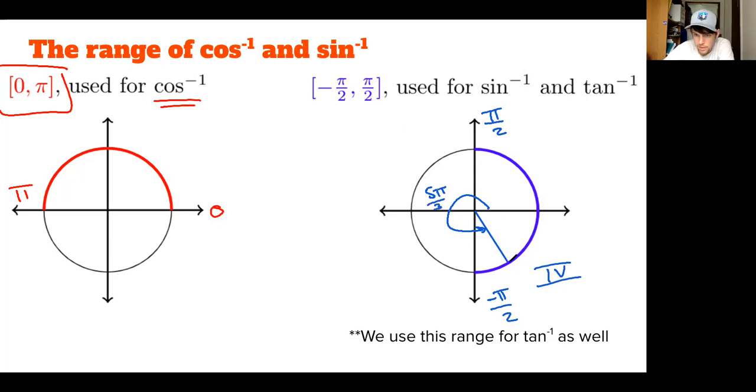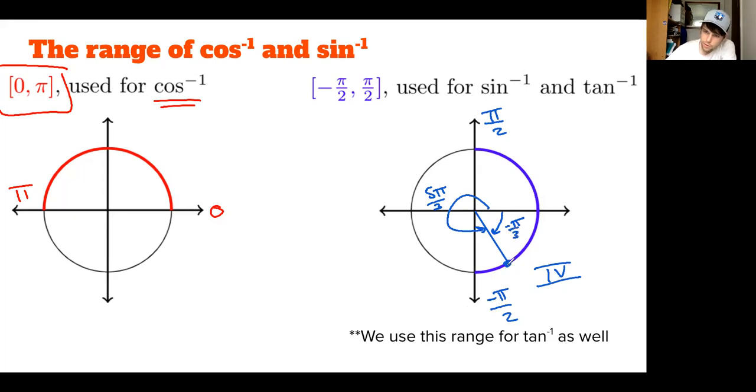I think that's what the angle would be here. Well, we say no, we don't get 5 pi over 3 because that's not falling in this range between negative pi over 2 and positive pi over 2. That's a much bigger angle than pi over 2. That doesn't fall in the range. So what we do is we have to express it as a negative angle, and the negative equivalent is negative pi over 3, and that's the angle that fits in the range.